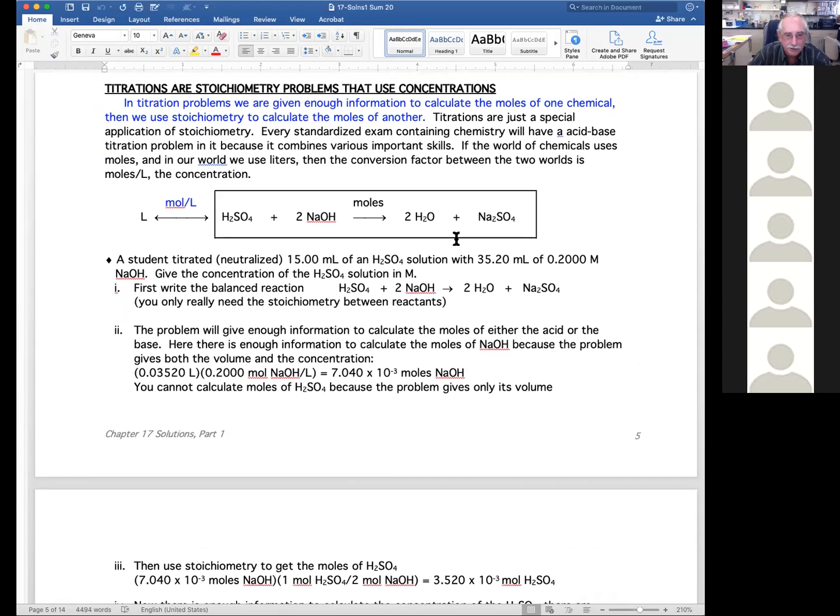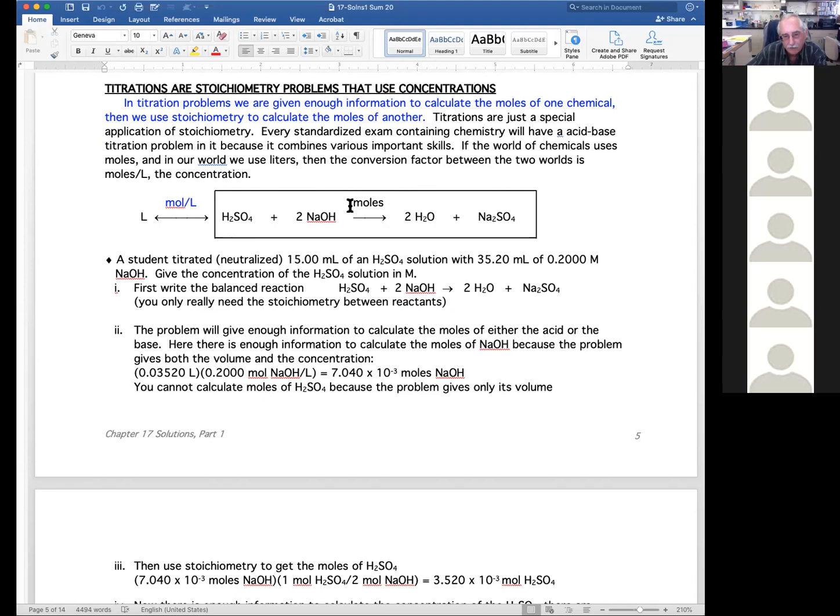So titrations are stoichiometry problems that use concentrations. Just like any other stoichiometry problem, we're given enough information to do some things, but not the other things, right? We have to calculate them. So here is an acid-base reaction, a neutralization reaction. And what works in here is moles.